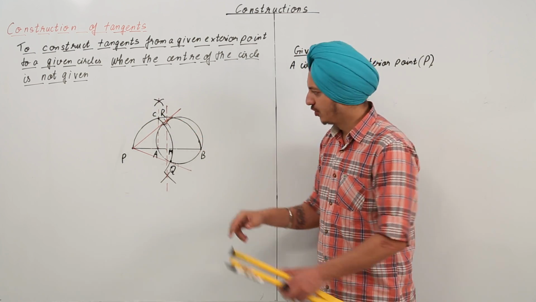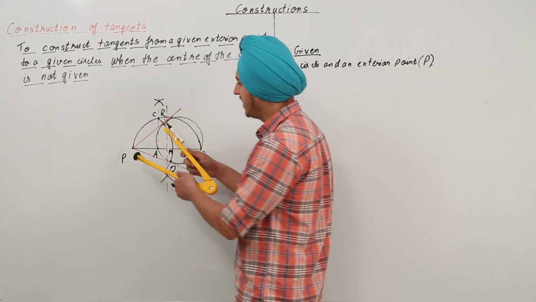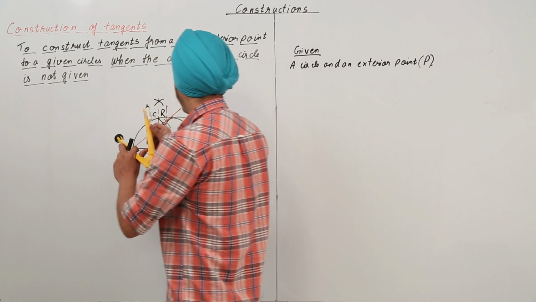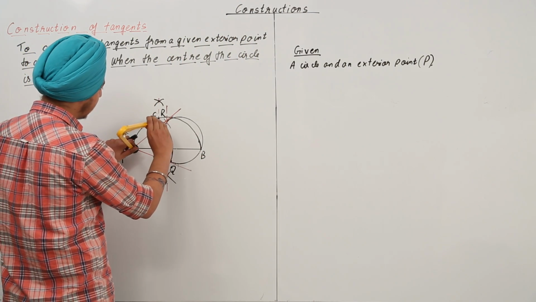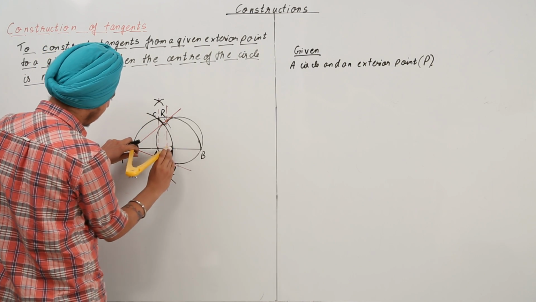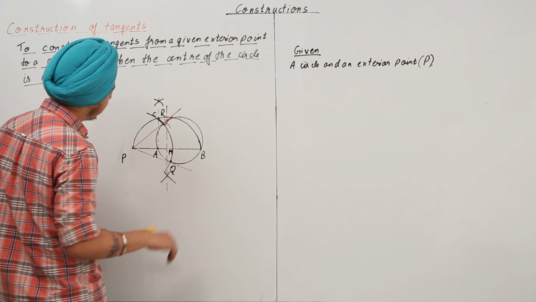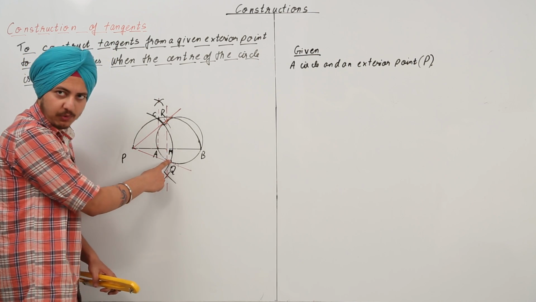The last step is to open our compasses from P to C and draw this arc. This arc meets our circle at 2 points, this point and this point.